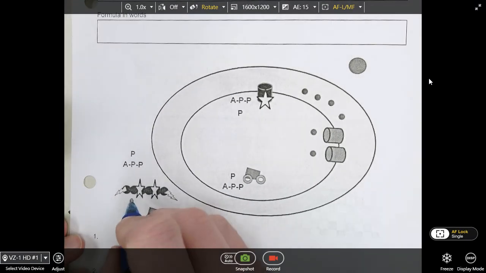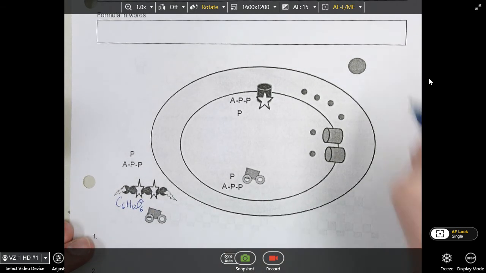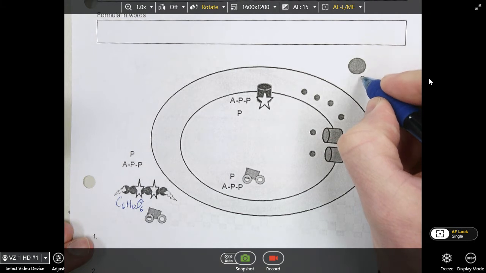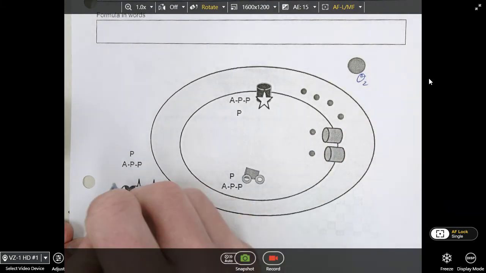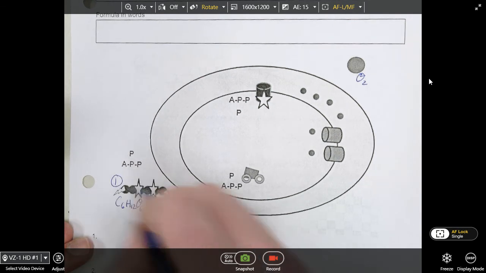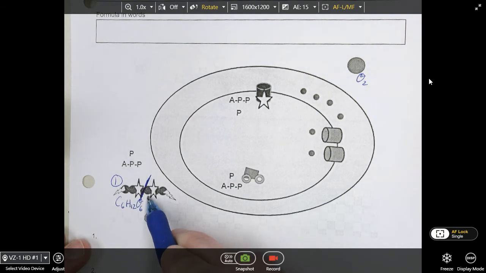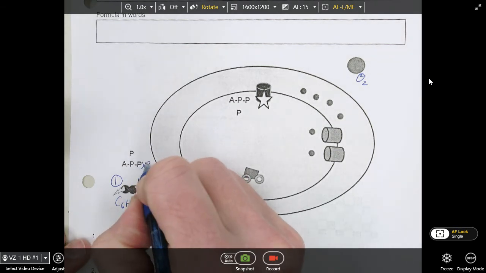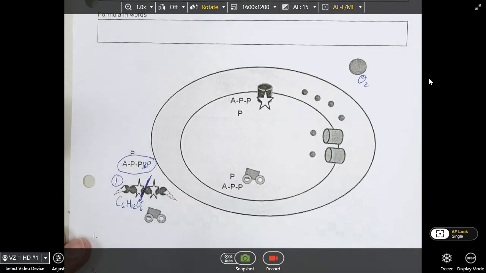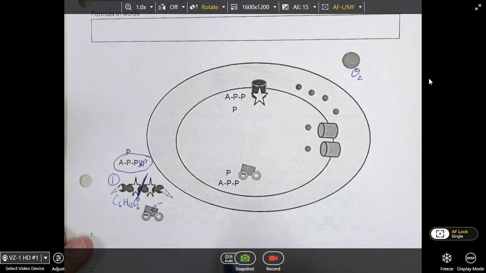Again, this is glucose, C6H12O6. And this over here is going to be oxygen. We're going to call it O2. But our first step here, very first thing we're going to do is split the sugar. So you see how I split it? As that happens, we are going to make some ATP here. And we're also going to carry some electrons.